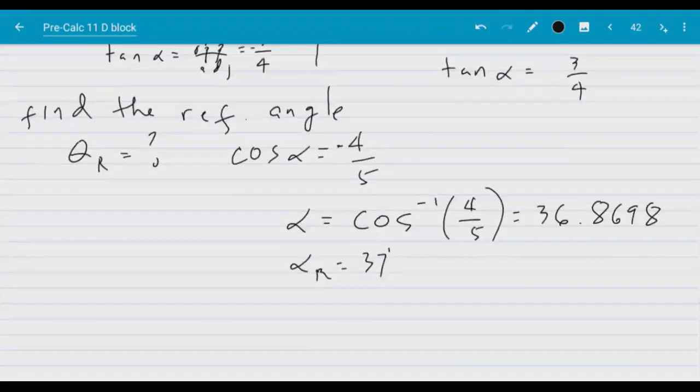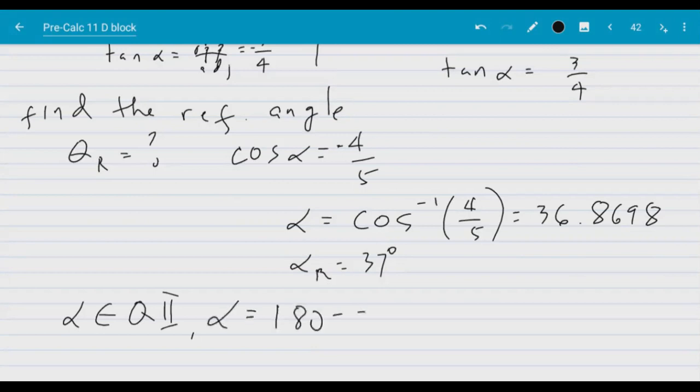Therefore, now, since alpha is in quadrant 2, that means our actual angle alpha would be equal to 180 minus 37, which is about 143 degrees.